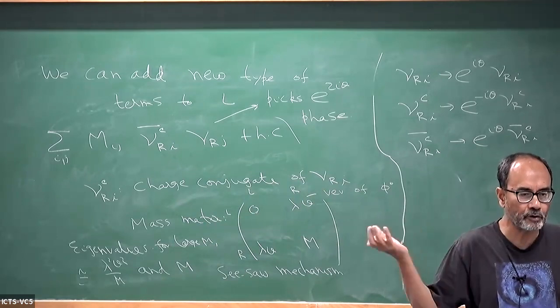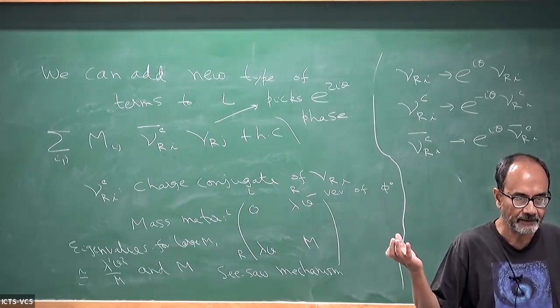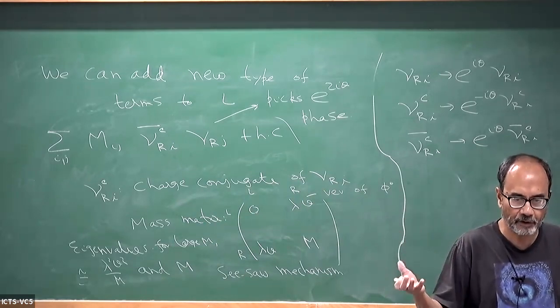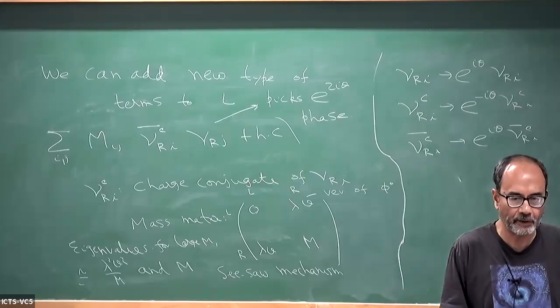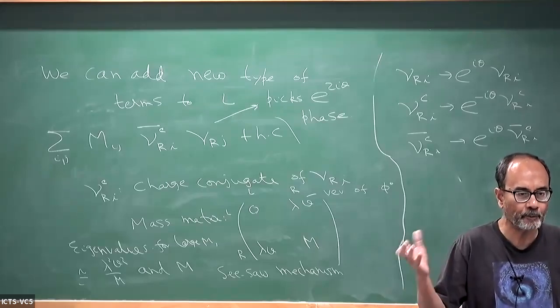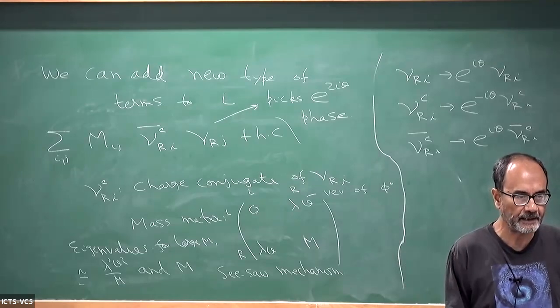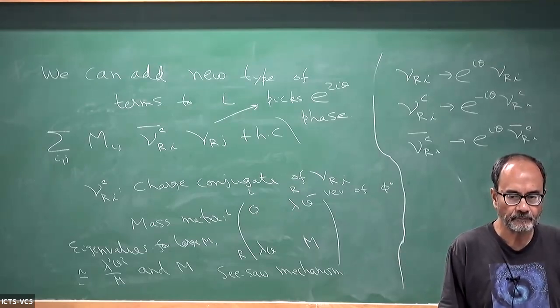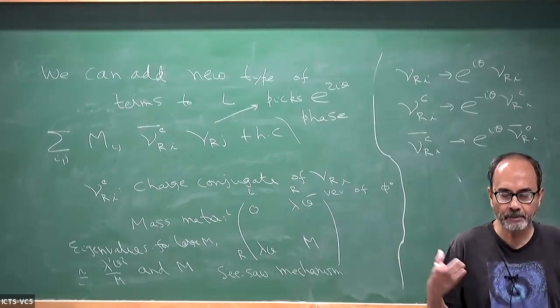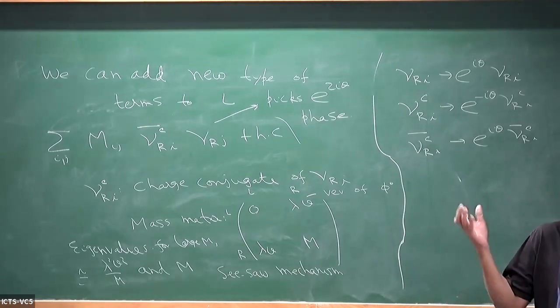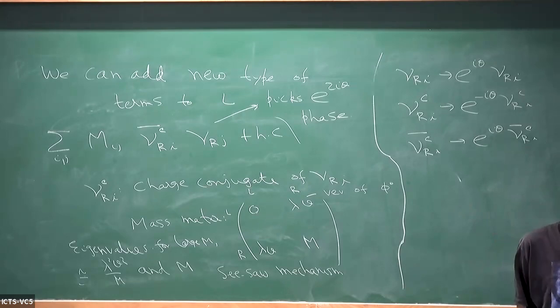Then if you also have enough C and CP violation, B minus L of course is not conserved, so all the Sakharov conditions are satisfied, and you may be able to produce B minus L in that process. How much B minus L you produce of course depends on the details of the parameters of the model. But given the parameters, you can work out how much B minus L will be produced as the universe cools down.